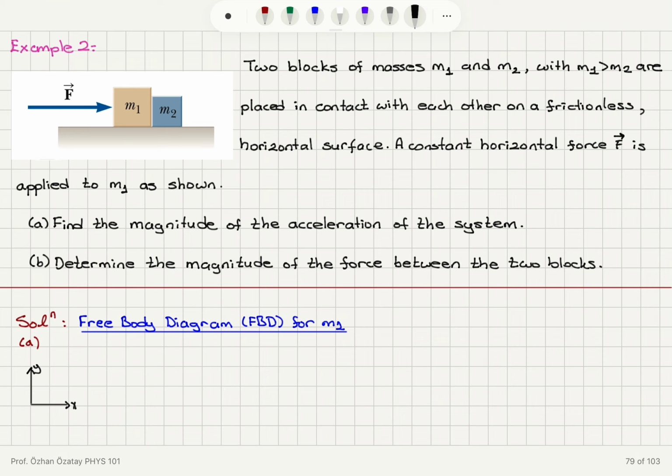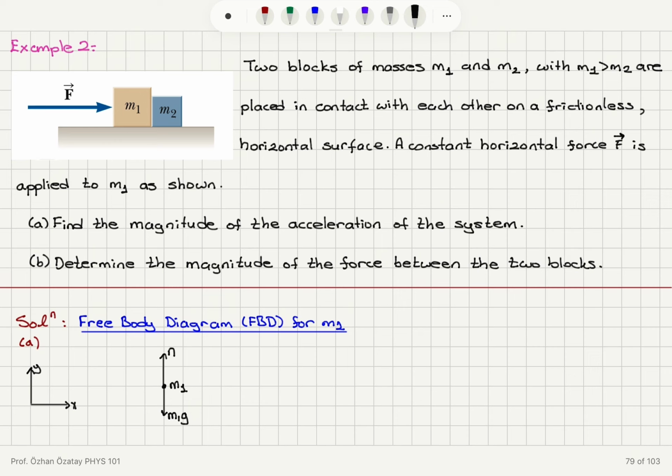Now I have to identify the forces acting on M1. So M1 is modeled as a particle, and we identify all the forces acting on it. On the y-axis, there is gravitational acceleration, so there is the weight. So first we should have the weight of M1, M1g, that is pointing down, and this is going to be opposed by a normal force N that the surface is applying to M1.